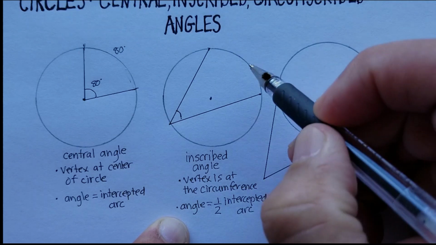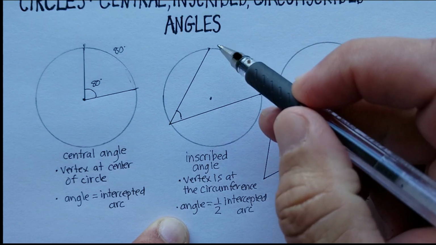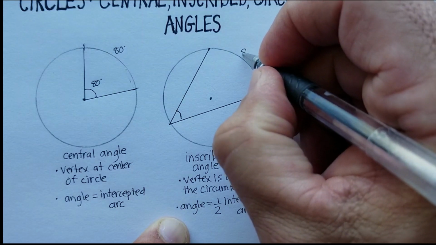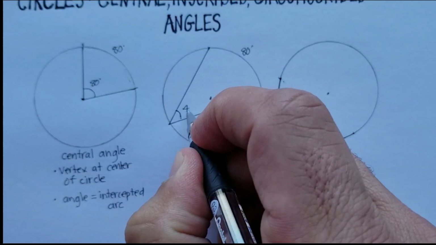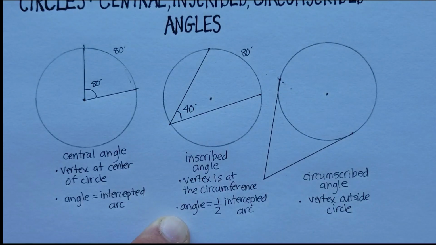So if, for example, again, the arc were 80 degrees, that means that the angle would be 40 degrees. You can always count on that.